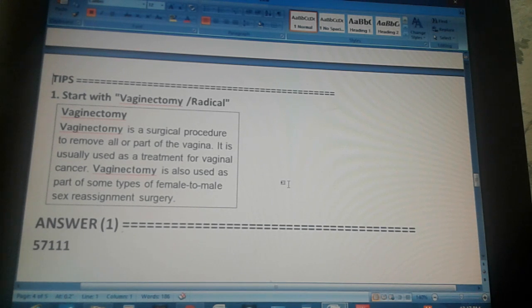When a lady wants to be a man, she takes her vagina out. Okay. Now you know already what the procedure is and how to start, and now we're going to pause the video so you can give us the path. And the answer is 57111. You already know that. But now we're going to count to 3 so you can pause the video and give us the path, how we got to the answer. Okay, so 1, 2, 3.